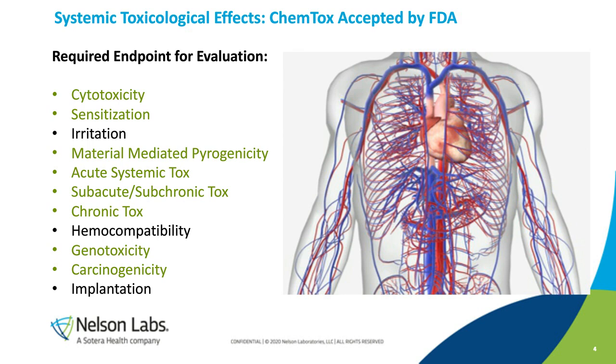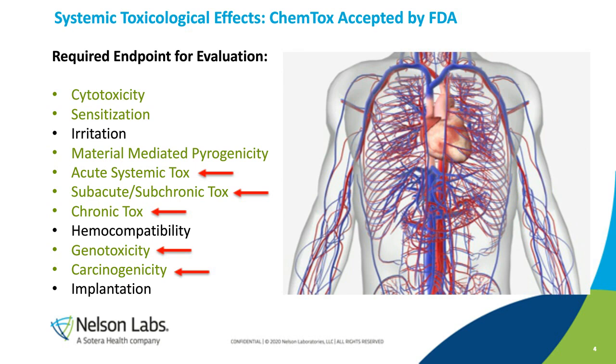So those effects are related or could be related to systemic distribution of chemicals. And of those, there's a subset that the FDA and other regulatory bodies have clarified directly that they'll accept chemistry and toxicological risk assessment to address those points.